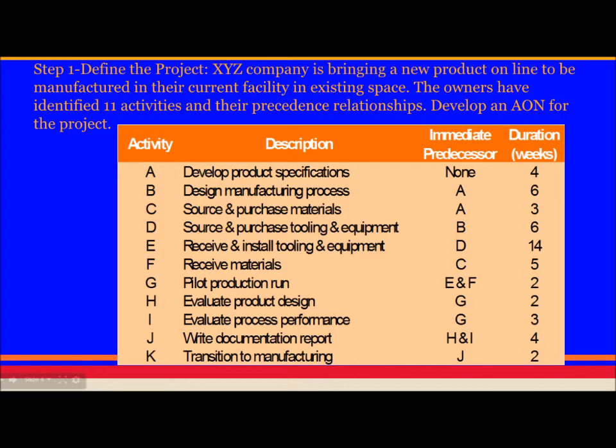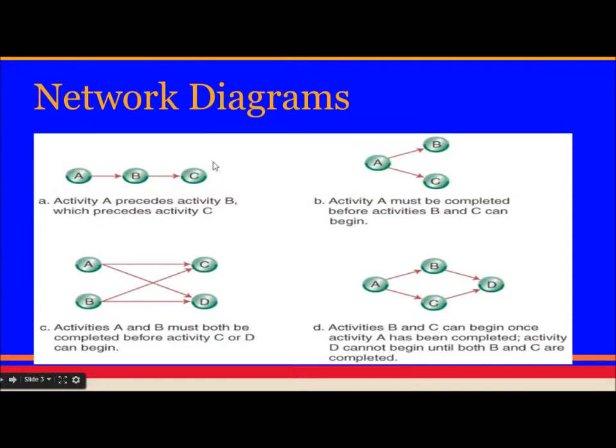Here are examples of the network diagrams. In the first diagram, activity A precedes activity B, which precedes activity C. So this is just a simple one. Second one: activity A must be completed before activities B and C can begin.